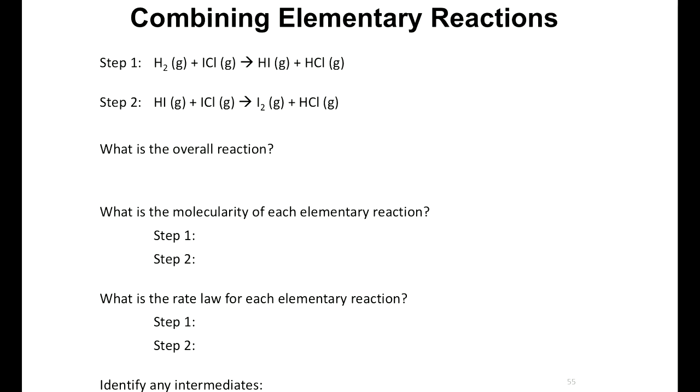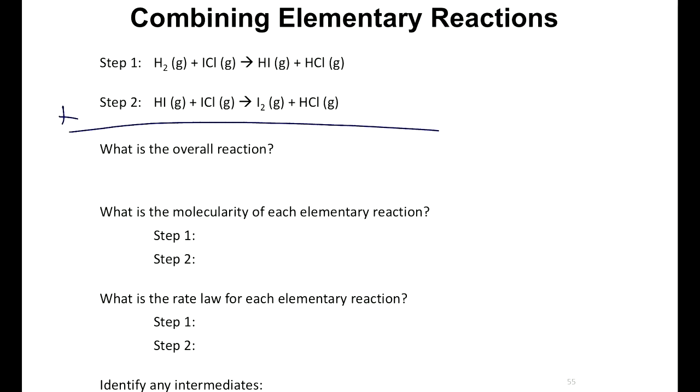When I say the word step, it usually means elementary reaction, so keep that in mind. We have 2 different steps here, so let's think about what the overall reaction is. To get that, we just add those 2 steps up to see what cancels. So let's see, what is the overall reaction? I like to see if anything cancels.